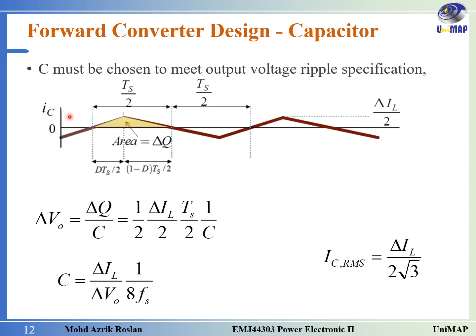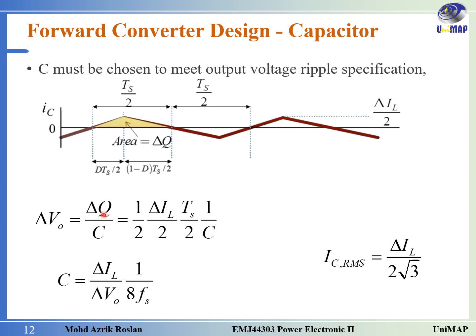Okay, this is the IC waveform. The delta V out is equal to the delta Q, the area in this waveform, the positive side, divided by C, the capacitance value.